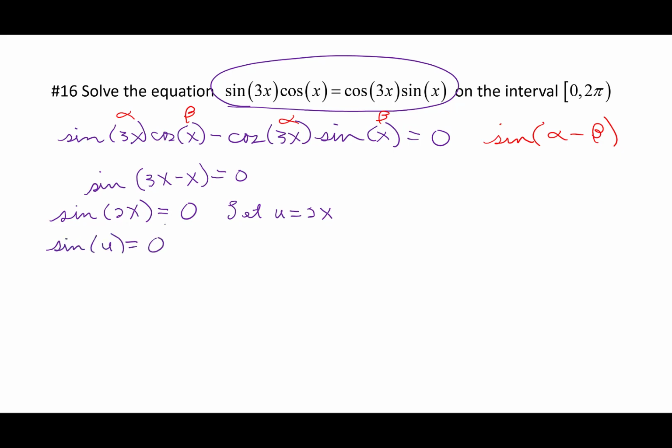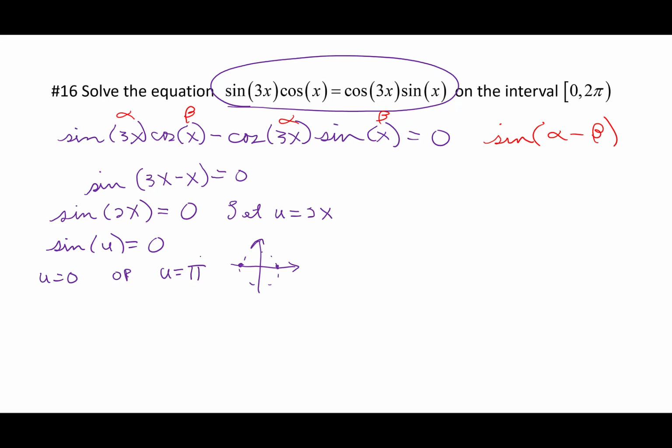Where does that happen? If you think of the unit circle, where is the sine equal to 0? That happens on the unit circle at 0 and at pi. So we have u equals 0 or u equals pi.